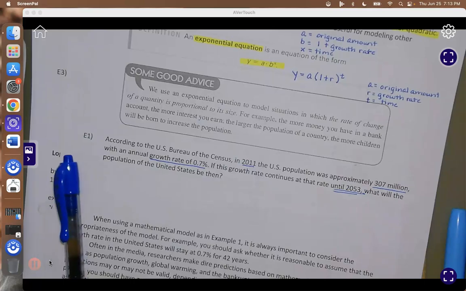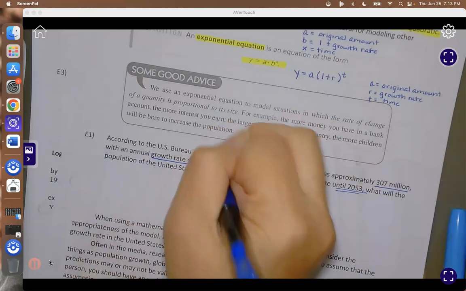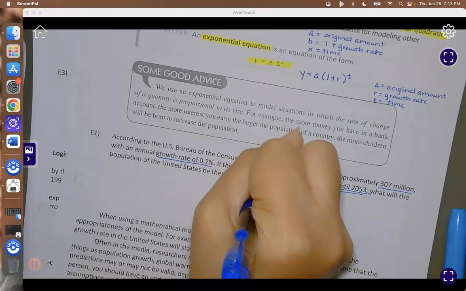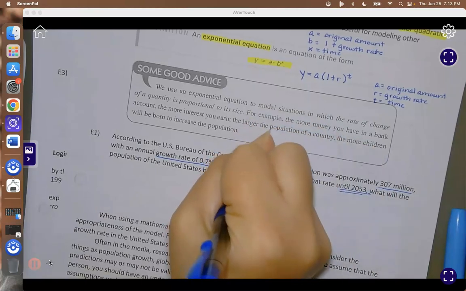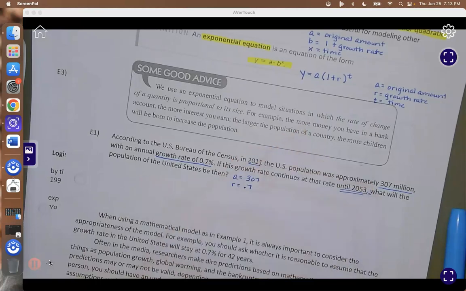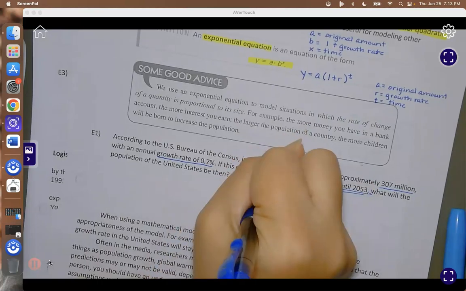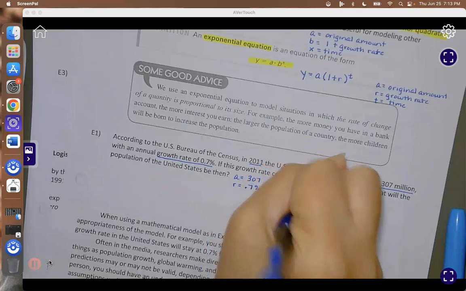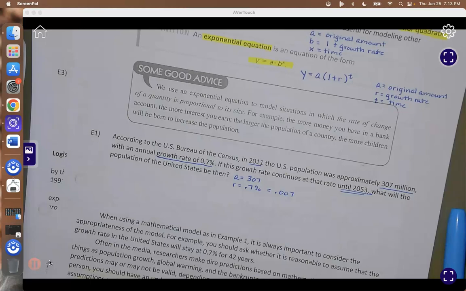So let's look and see what they gave me. Okay, so they told me that my original amount is 307. They told me that my growth rate is 0.7%, which if I put that in decimal form is 0.007.